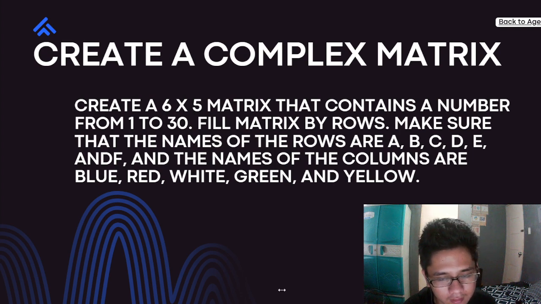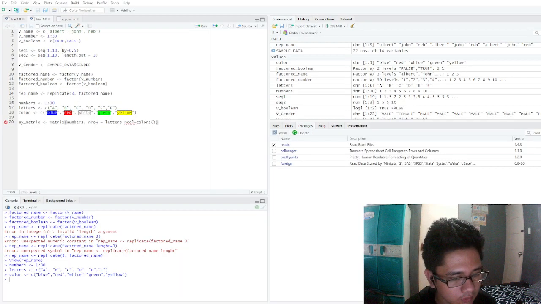Length of n rows, and then n column length, we have colors, then we do it by first.